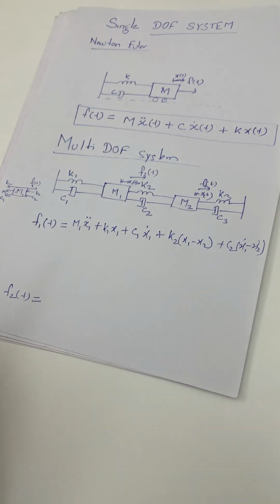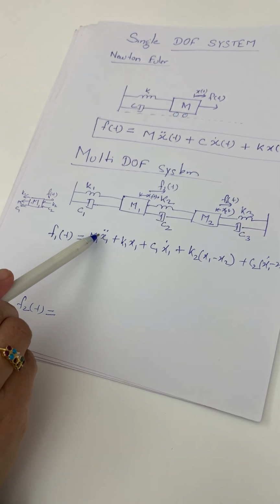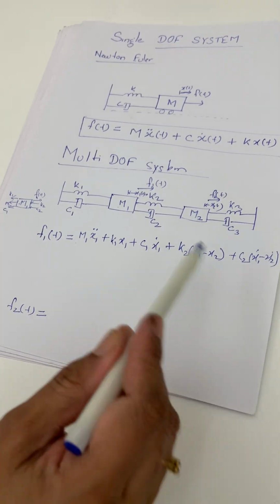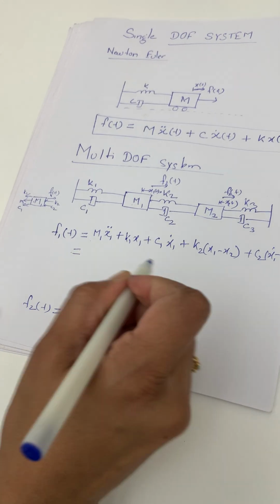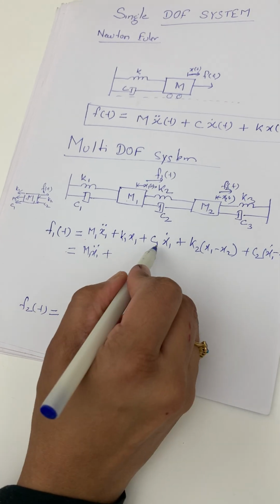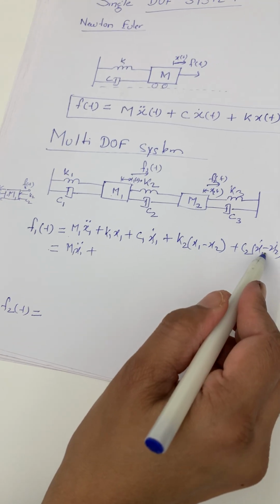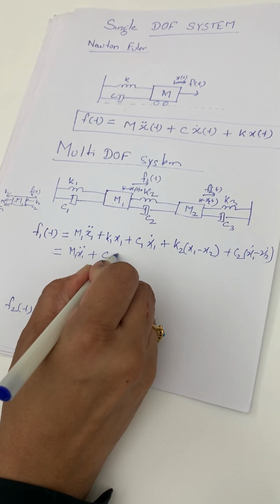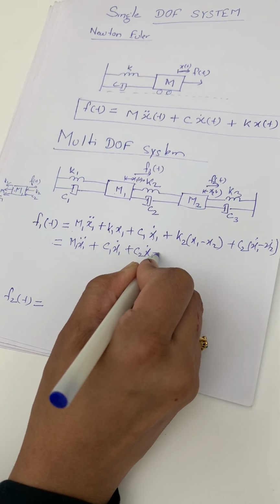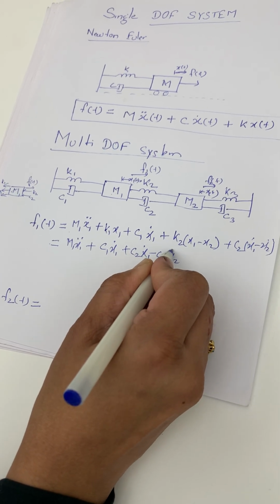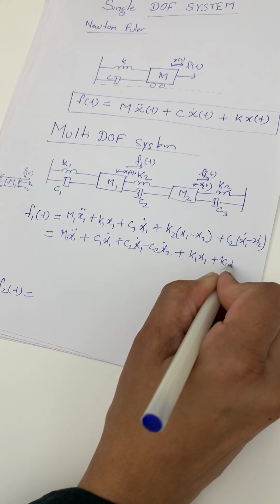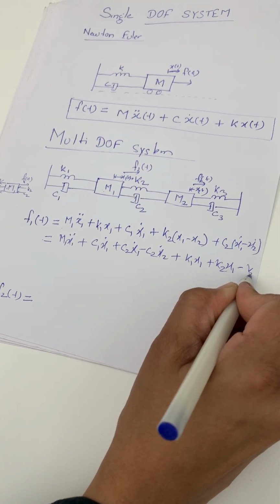Okay, now we want to write in the form of x double dot, x1 dot and x2 dot. So we will manipulate this equation. If we open the bracket, it would be C1 x1 dot plus C2 x1 dot minus C2 x2 dot plus K1 x1 plus K2 x1 minus K2 x2.